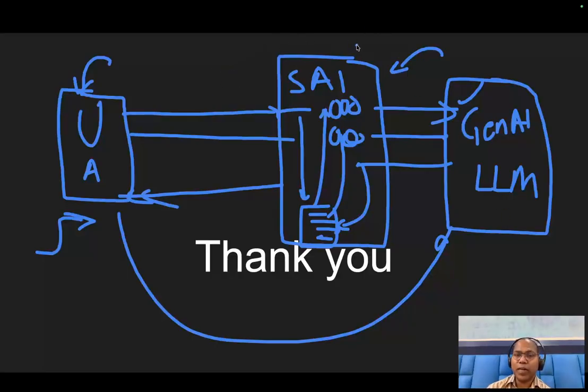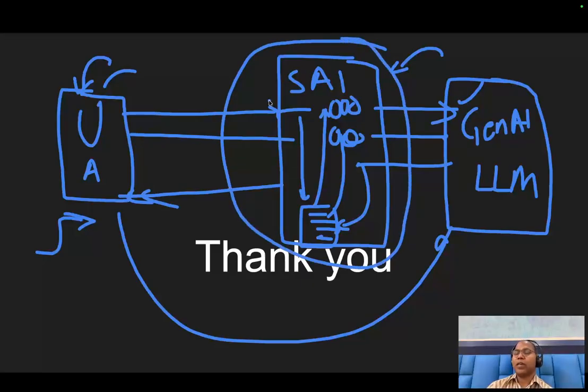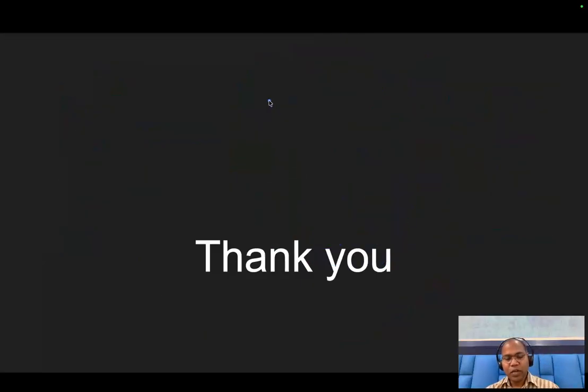Whatever the client is, in our case we are using the chat client. The implementation of the chat client is responsible for taking care of everything. So hope this makes our conversation history clear.